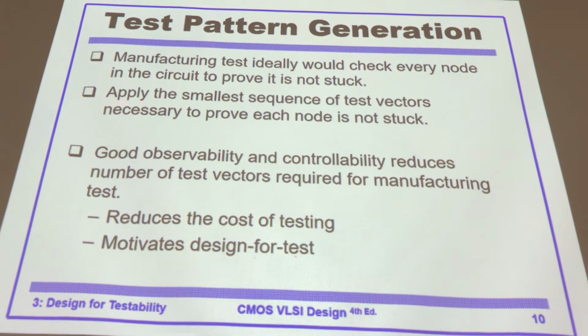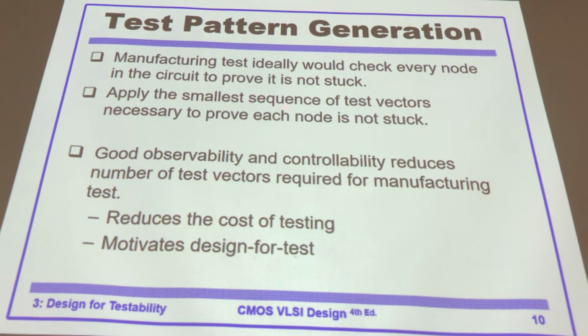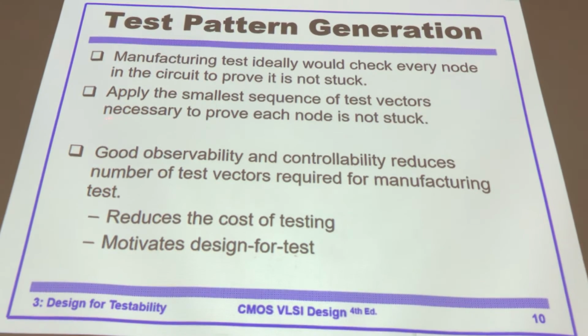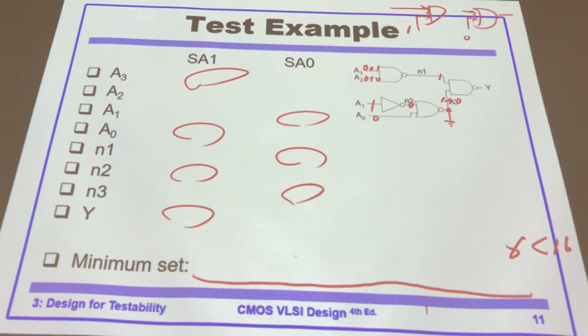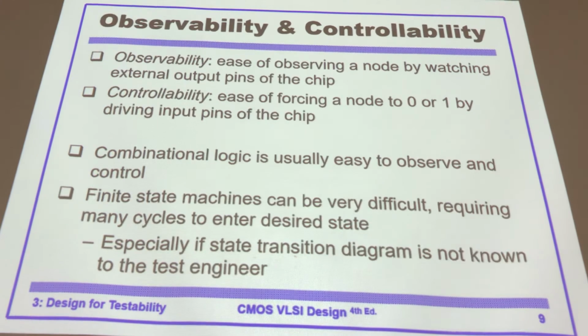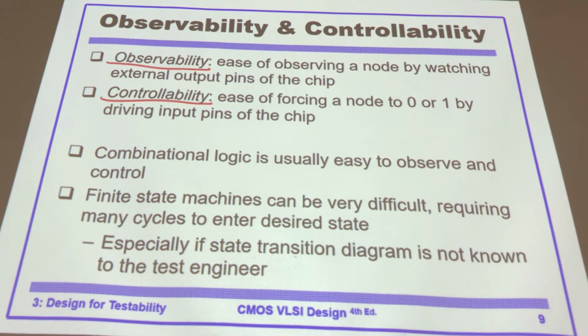And we try to apply the smallest sequence of test vectors necessary to prove each node is not stuck. Stuck at 1, stuck at 0. Like this, right? And in this example, we need only 6 patterns.